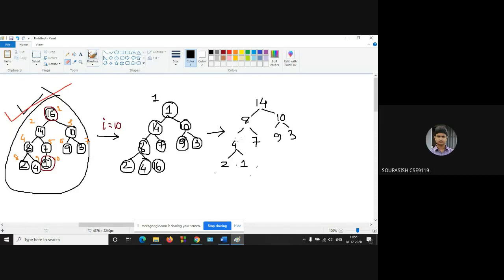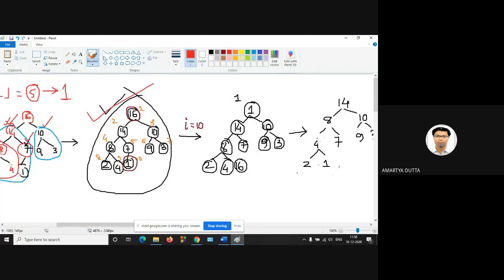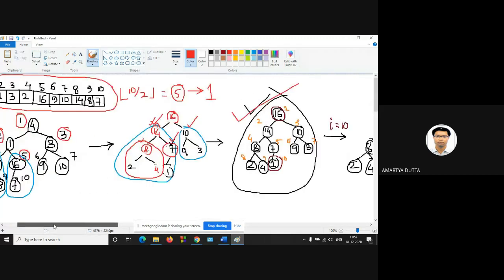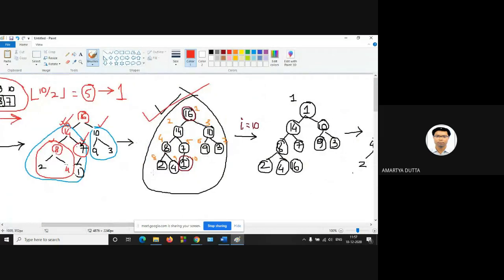Sir, can you explain this one more time? So initially, from the scratch, from the given array, this is the unsorted array. From this unsorted array, we can construct this heap structure using the build max heap algorithm.